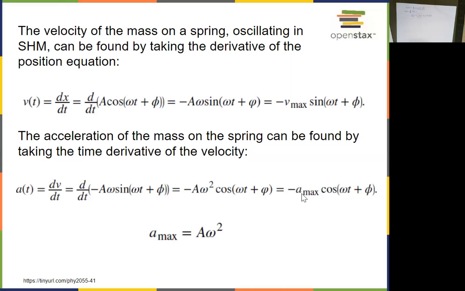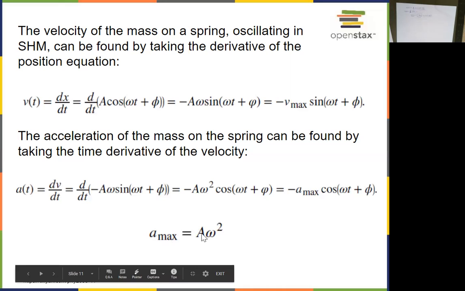In this case, you can see cosine has a minimum of -1 and a maximum of 1. So acceleration should have a maximum magnitude of A times omega squared. We call that a max, so a max is equal to A omega squared.